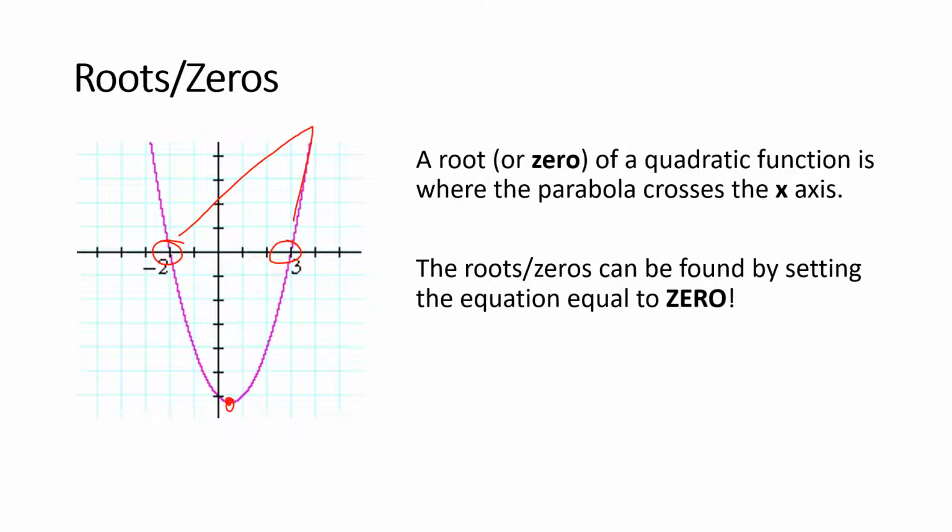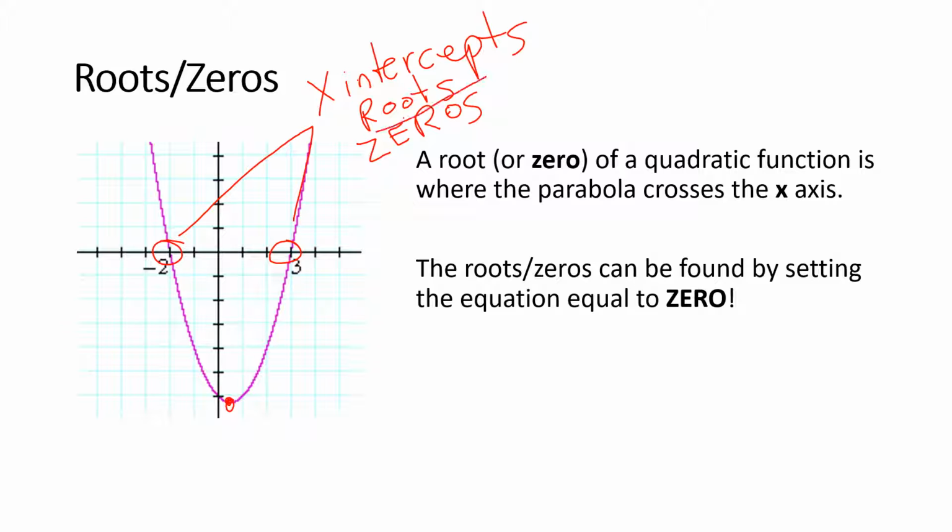There's a couple of vocabulary words that you could use that are associated with those 2 points. You could hear these points called x-intercepts, which makes sense because it's where it's touching the x-axis. Another word that you could use for those points would be the roots of the function. And yet another word that I'm going to emphasize here, these points are also called the zeros of the function.